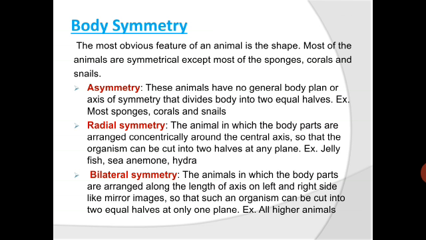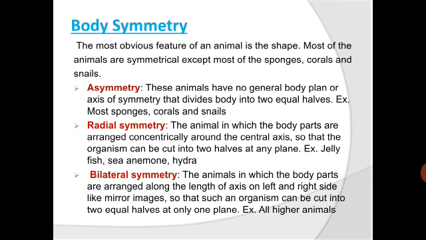Example, jellyfish, sea anemone, hydra. So if you see the starfish also, you can see that the organism can be cut in any plane passing through the center. Okay, it should pass through the center and two equal parts are created when they are cut passing through the center, and that type of symmetry is called radial symmetry.